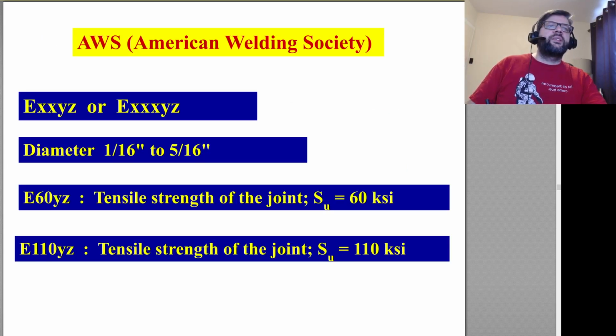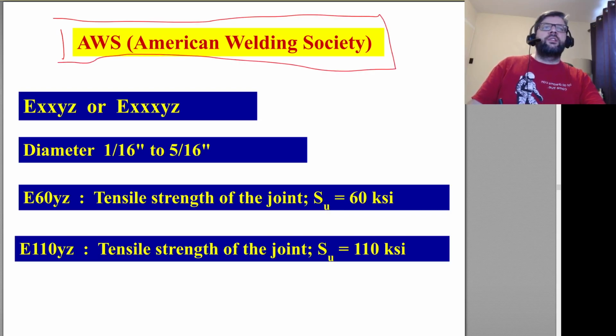So the AWS has some specifications. Typically, they're going to be telling you a few things about it. They come in different diameters and a classification. The classification, typically speaking, is going to be E followed by 4 or 5 numbers.